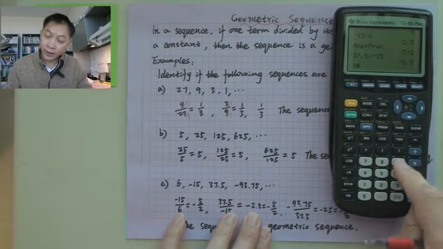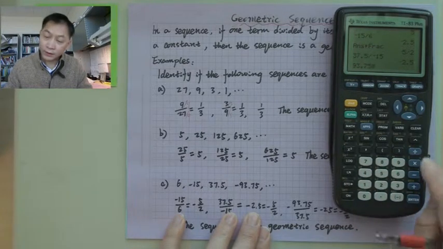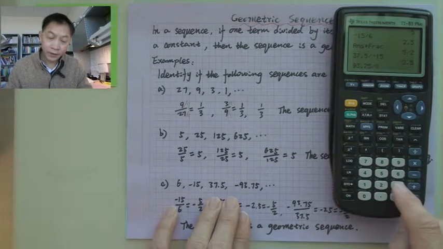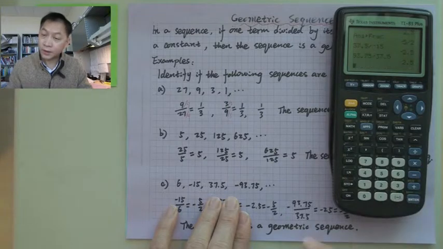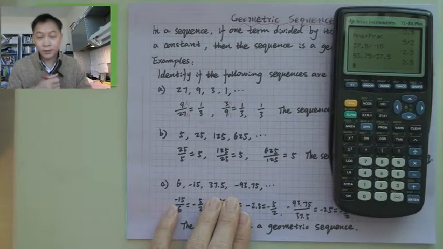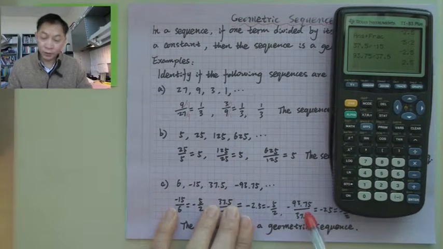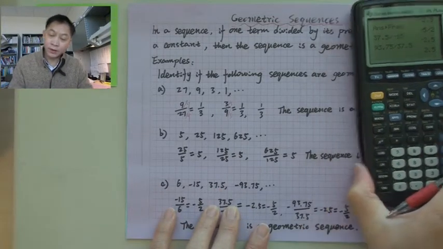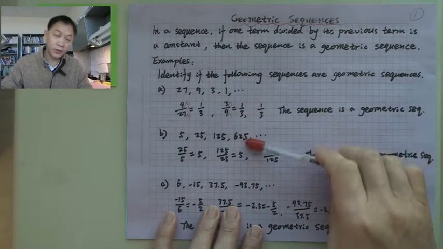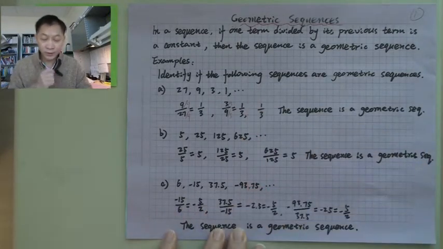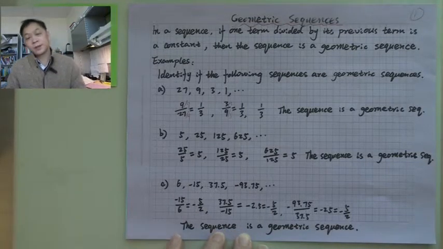And then 93.75 divided by 37.5 is 2.5, and here it is negative divided by positive, so we still have a negative. So all those three sequences are geometric sequences.